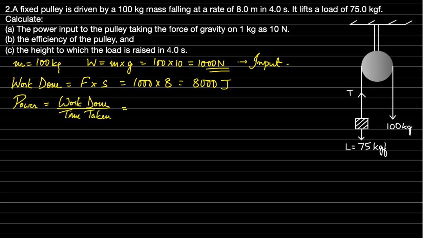Now how much is our work done? Our work done, we just got it as 8,000 divided by time taken is 4. So we get this as 2000 watts. So we get the power as 2000 watts.